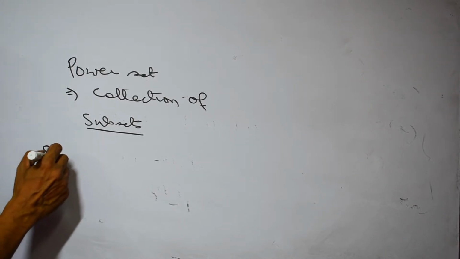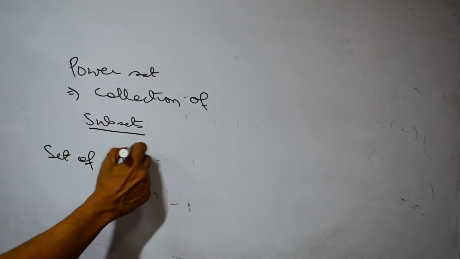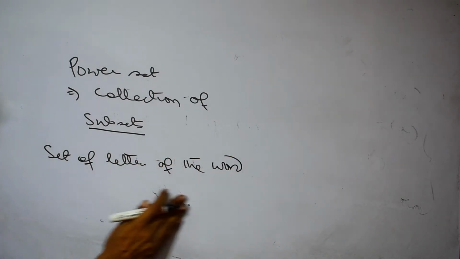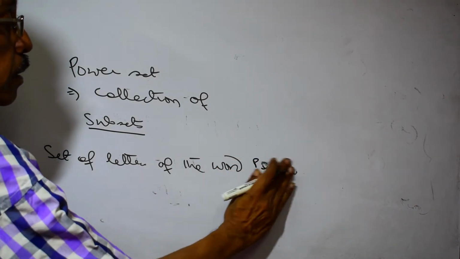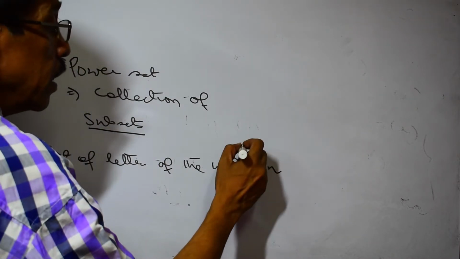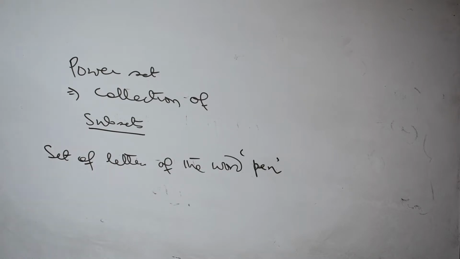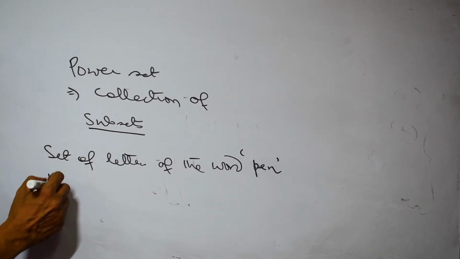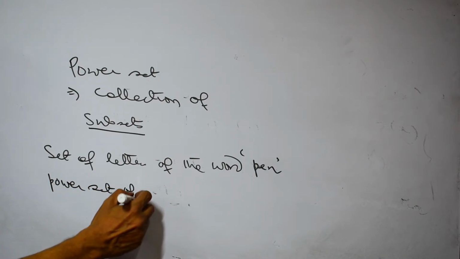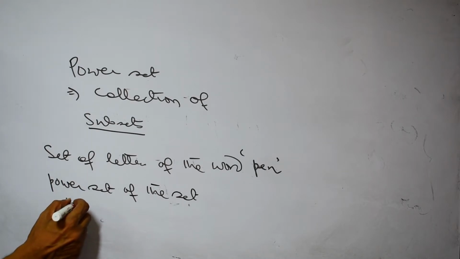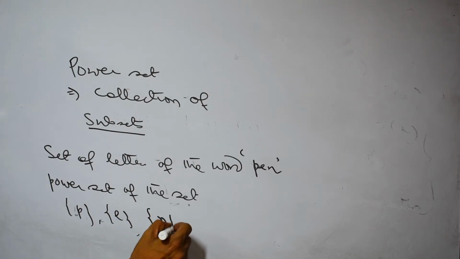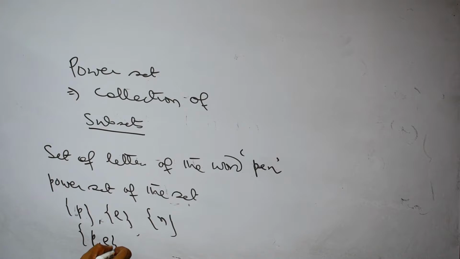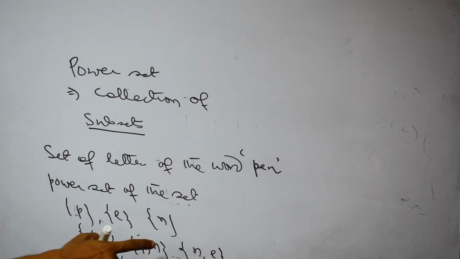So if I write the set of letters of the word pen, then the power set of this set will be: only P, only E, only N, taking one at a time; then PE, PN, NE, taking two at a time, or we can write EN also.